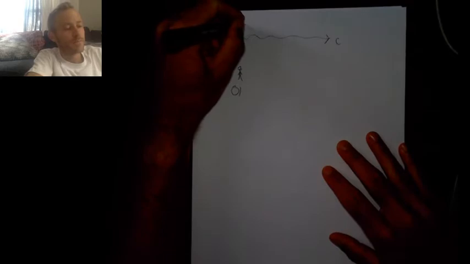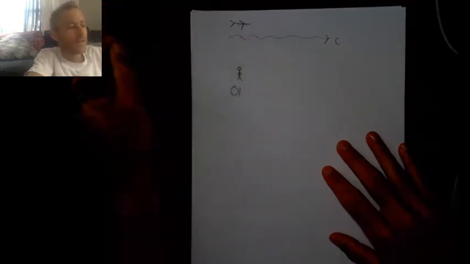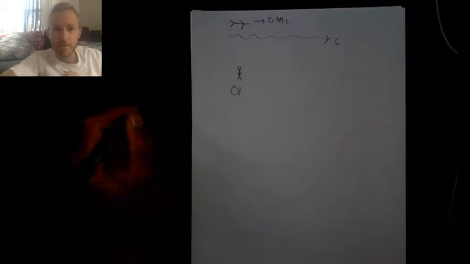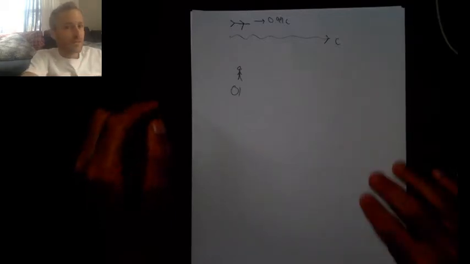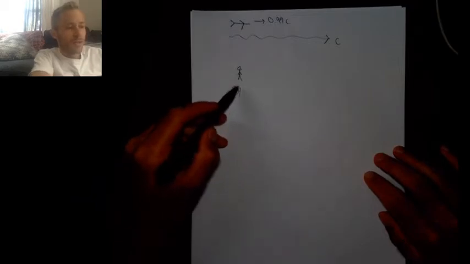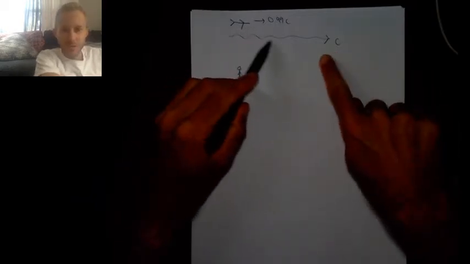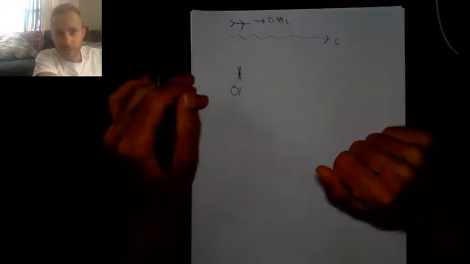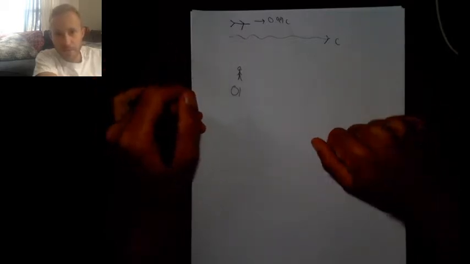And then there's an airplane, and the airplane is traveling at 99% the speed of light. So observer 1 is going to see the relative velocity between the two as 0.01 the speed of light, okay?